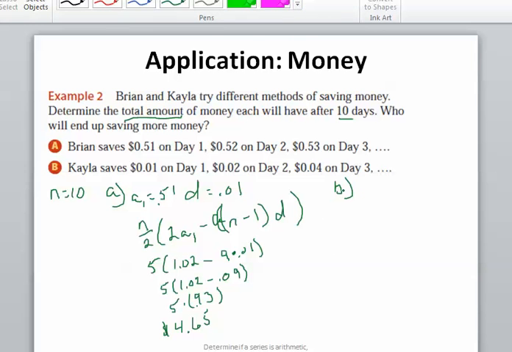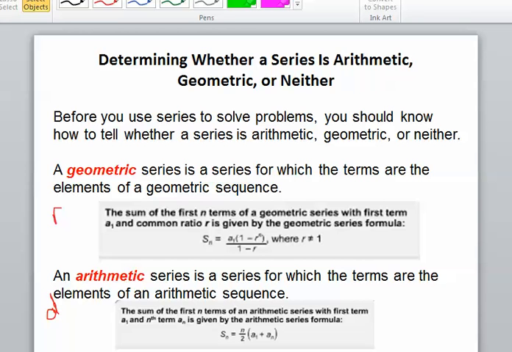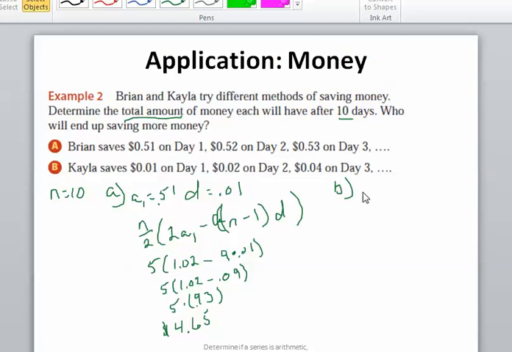Okay. So what are we going to do here? We're going to take a sub 1 times 1 minus r to the nth power, over 1 minus r. So a sub 1 is 0.01 times 1 minus 2 to the 10th power, divided by 1 minus 2.